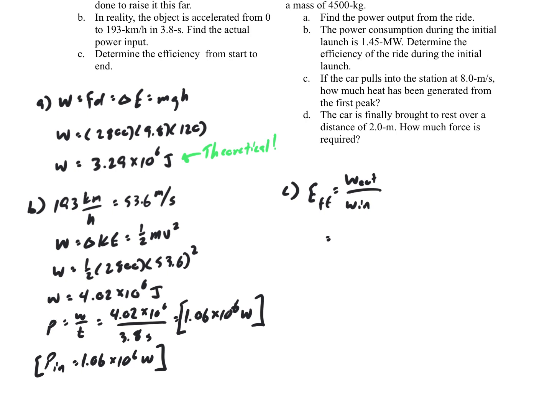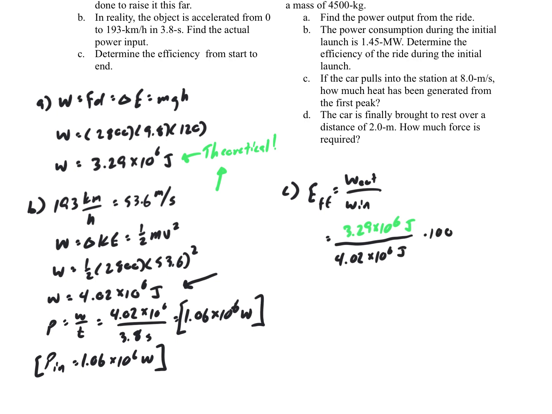So for my work in, I'm going to use this theoretical value right here, that 3.29 times 10 to the 6th value. That was the work in, in joules. The work out is this value right here, 4.02 times 10 to the 6th joules.